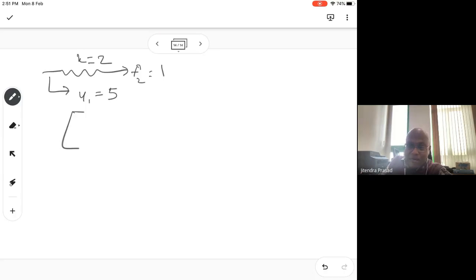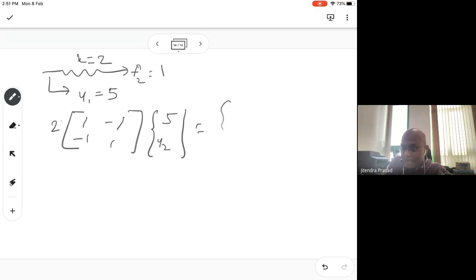And U1 equal to 5 we are giving. So what is the solution? We will have 2, 1, -1, -1, 1, and then U1 equal to 5, U2 we don't know, and F1 we don't know, and F2 equal to 1. This is the solution, right? We are giving U1 equal to 5 now.